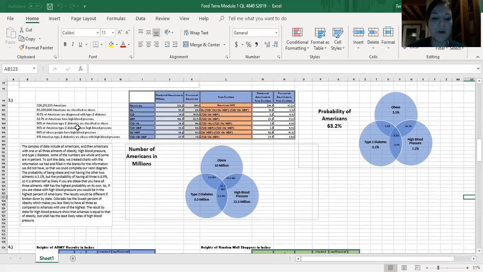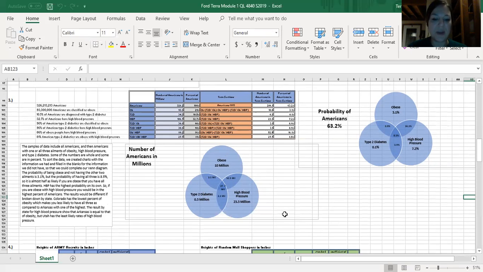Some of the numbers are whole and some are in percent. To sort the data, we created charts with the information we had, and we filled in the blanks for the information that we did not have, so that we could complete our Venn diagram.